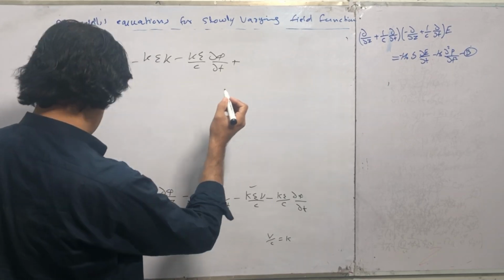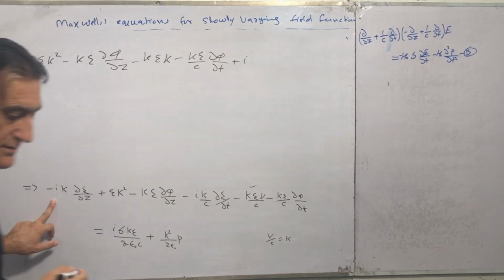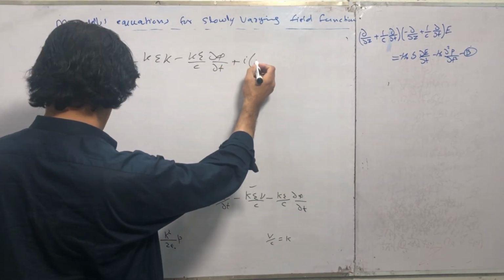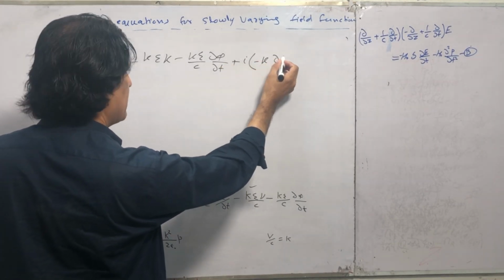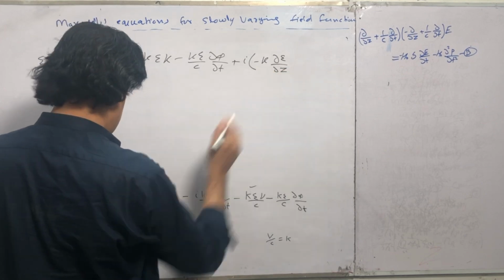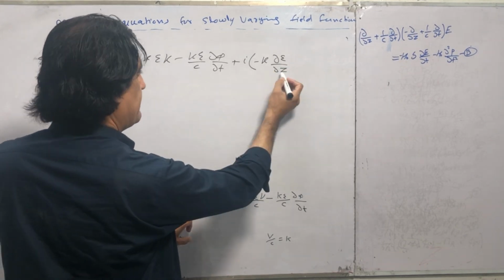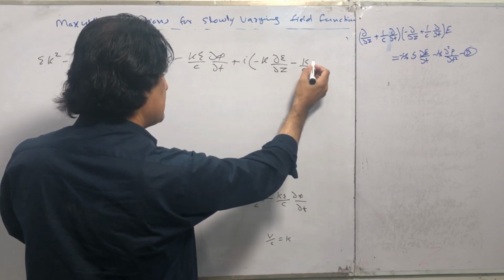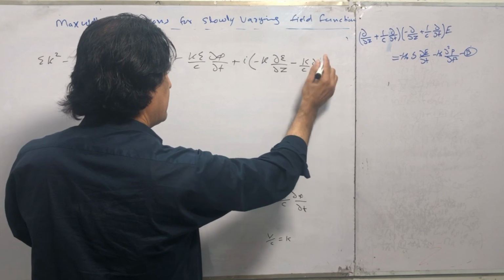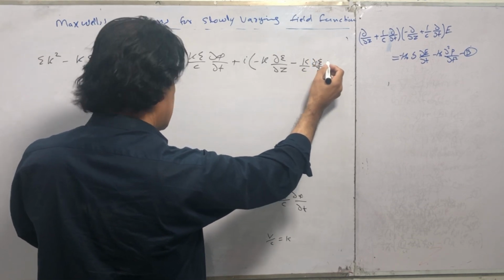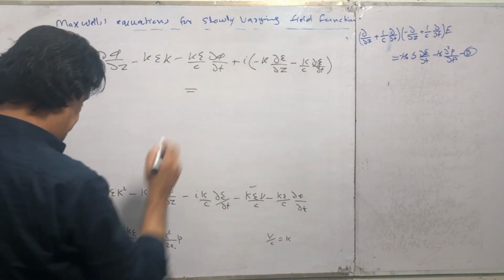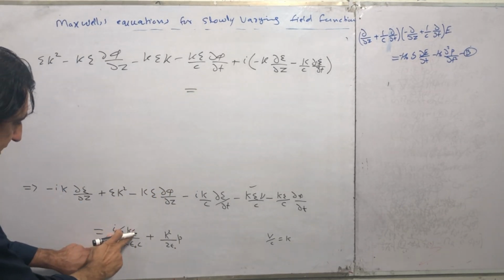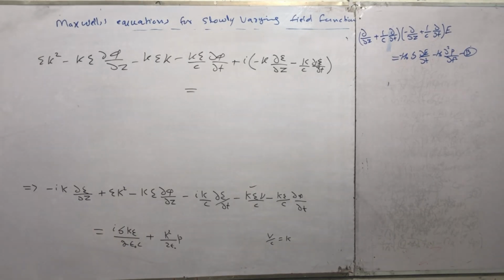So plus iota, if I take iota common, then this is equal to minus k partial e divided by partial z, and this term minus k divided by c partial e divided by partial t, which is equal to iota sigma k e divided by 2 epsilon naught.